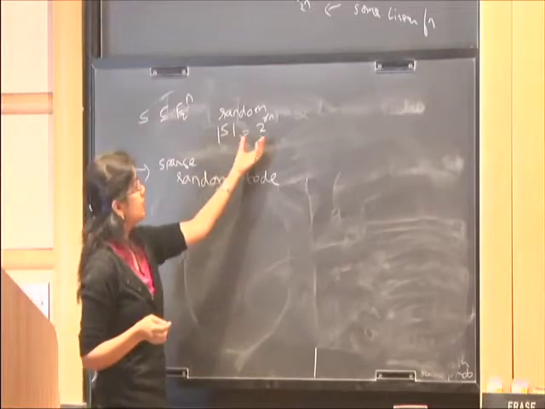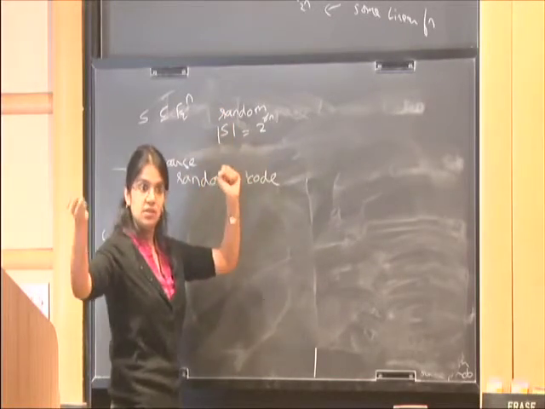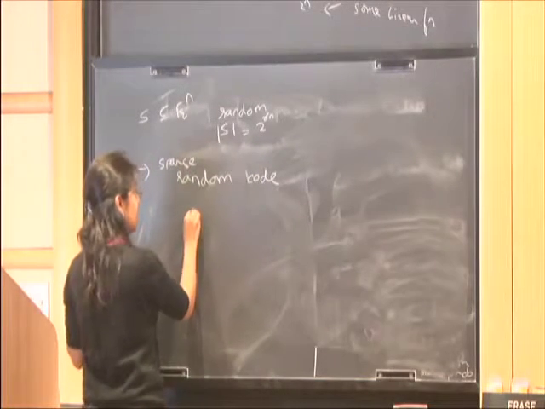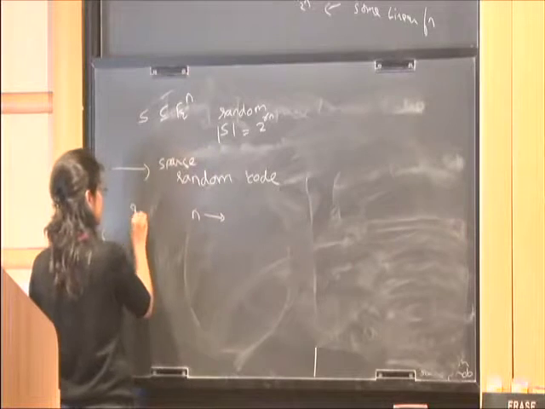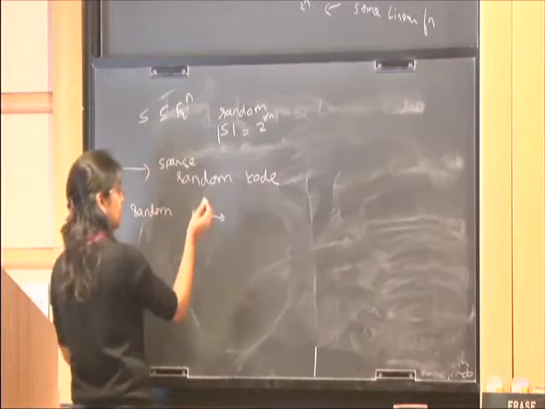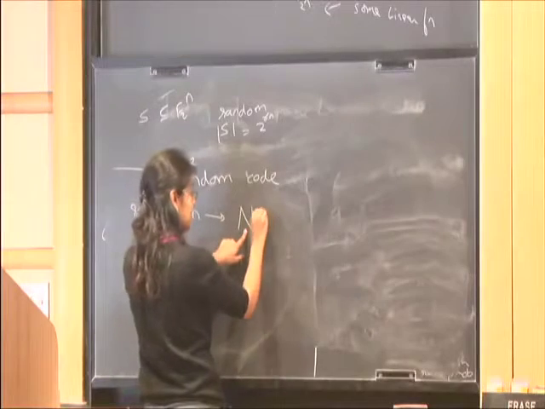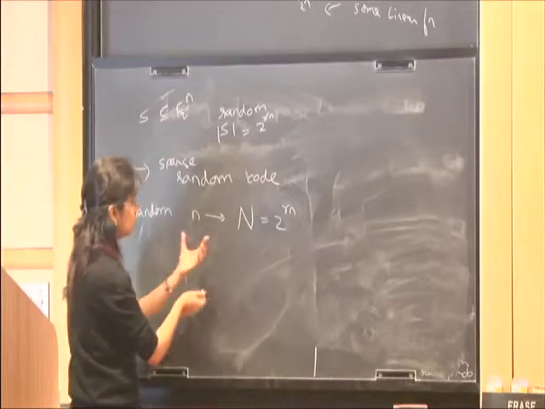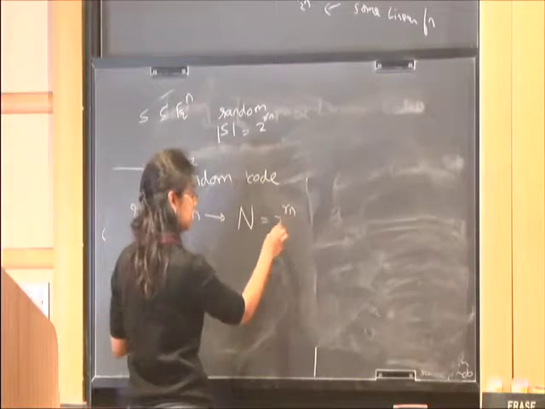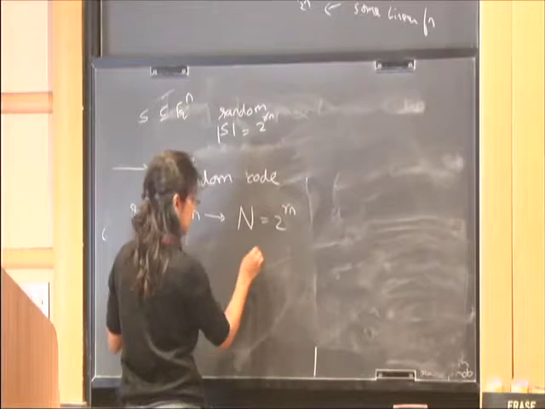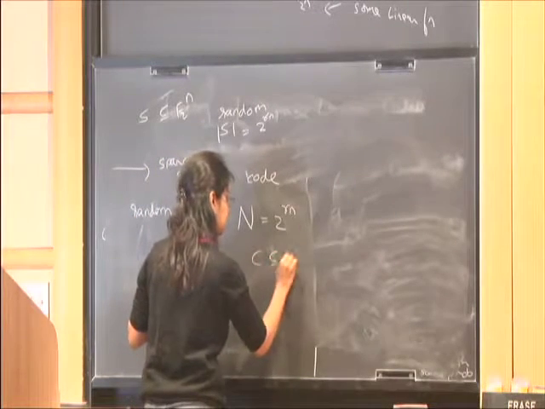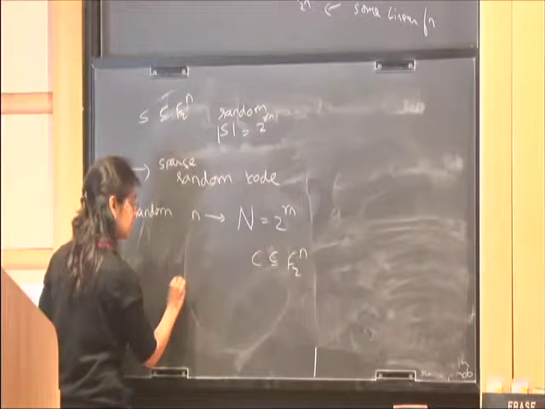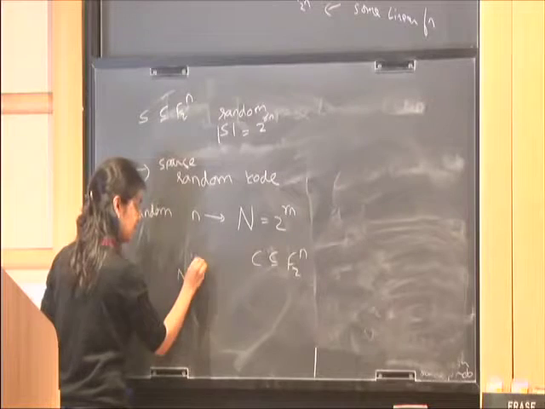A set of size 2 to the gamma n sitting inside 2 to the n translates to a random code mapping n bits to capital N bits. This capital N is going to be 2 to the gamma n. So the length of the code is 2 to the gamma n, and this code is a subset of F2 to the n. This code is going to have roughly n to the 1 over gamma codewords.